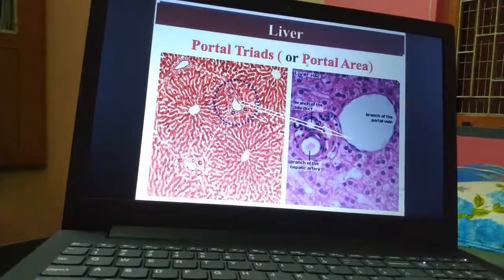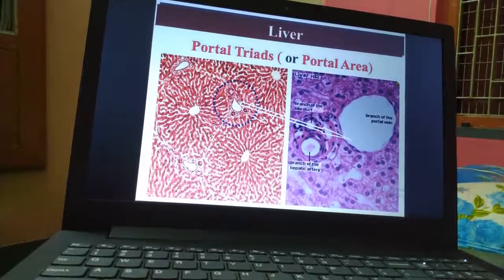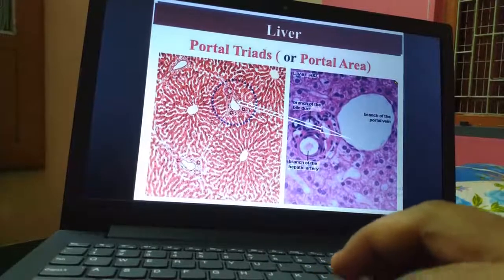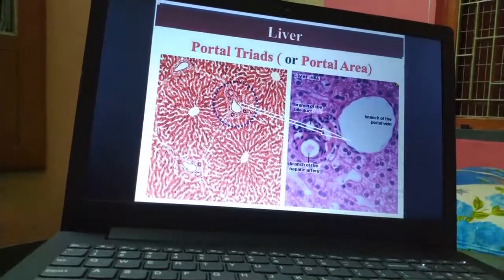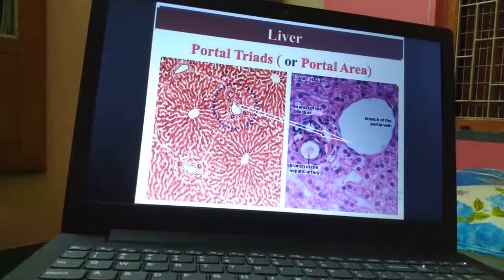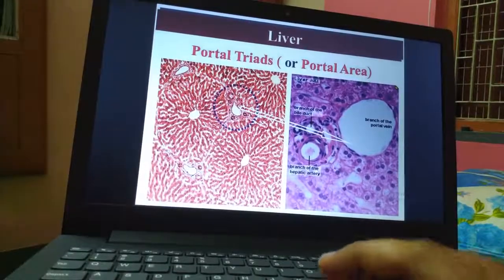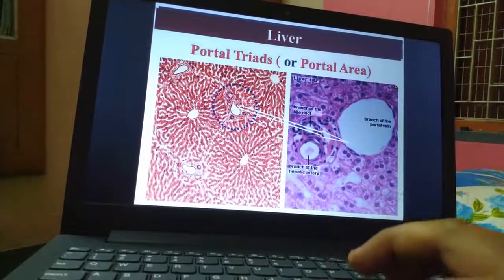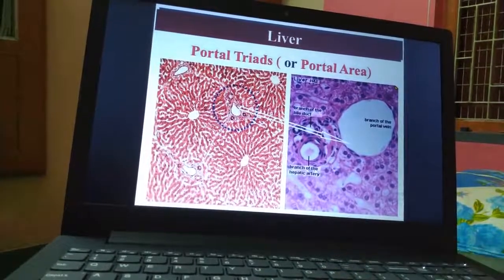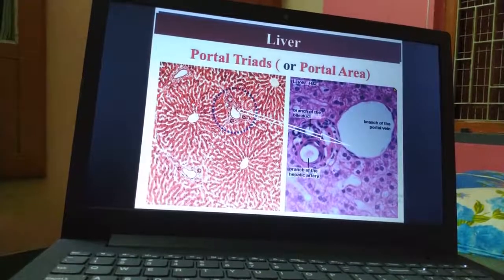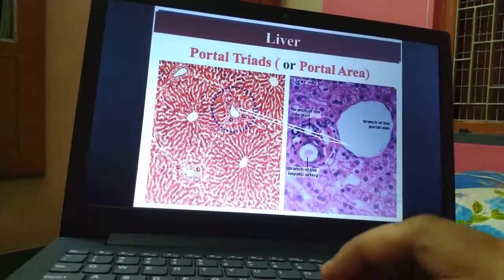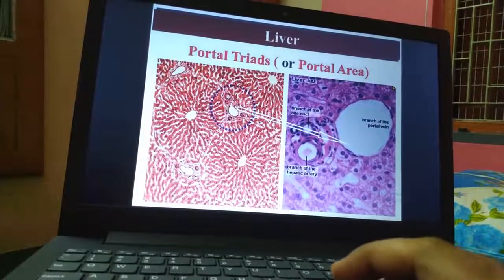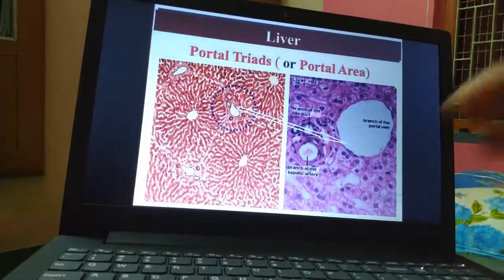Next, in the slide you can make out each hepatic lobule has a polygonal shape, not exactly hexagonal, and in each corner we observe this area, called the portal triad or portal area. It consists mainly of a branch of the portal vein, a branch of the hepatic artery and the interlobular bile duct.